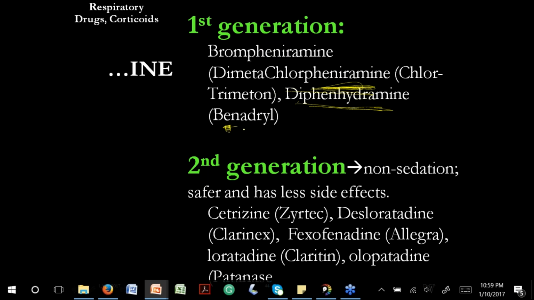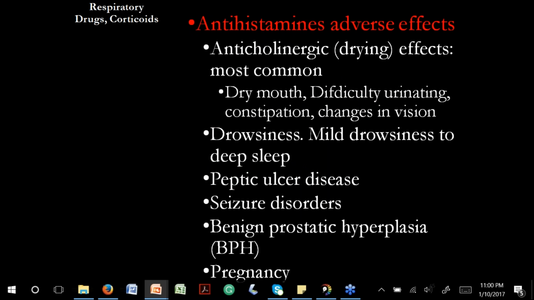Even in English, they give you sometimes this is so common, they give you the generic and the commercial name. Diphenhydramine. So this is, you must remember, that means the Benadryl. And the second generation that we already talked. Okay, so just remember, the main side effect I want you to remember is drowsiness.